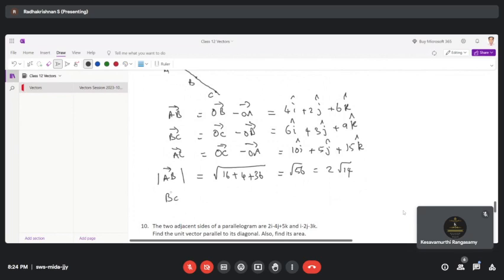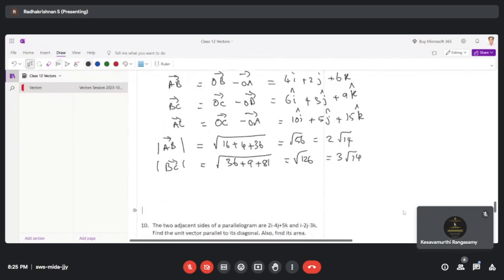Similarly, BC. 6, 3, 9, or 126. So 126 is 9 into 14, so 3 root 14. So you see that everything is coming as root 14. So hopefully next will come as 5 root 14.